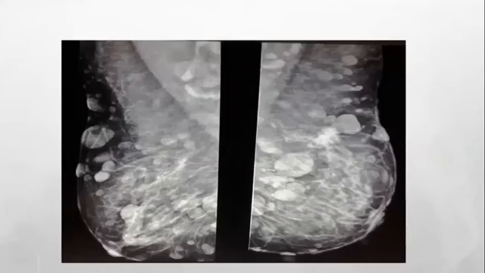Okay, what about this? This is skin lesions. No one is there? These are skin lesions. No comment? Could also be multiple cysts, fibrocystic disease.